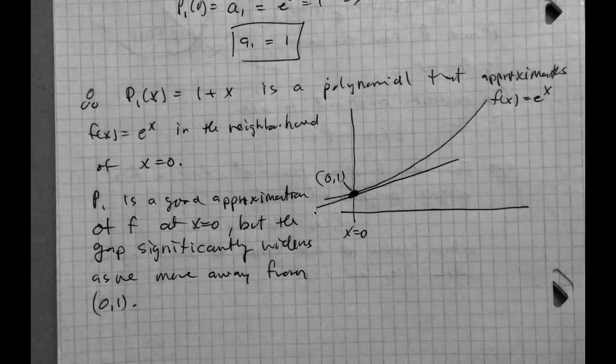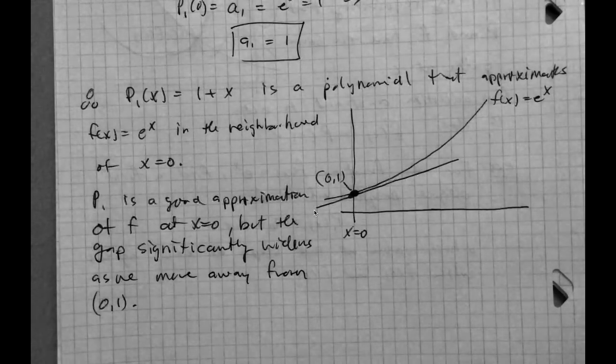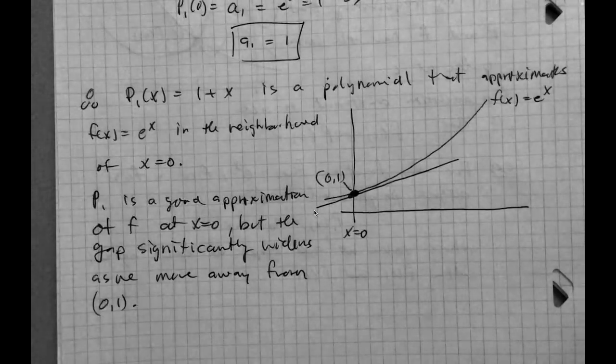And that's okay, right? Because this is just an approximation in the neighborhood of x equals 0.